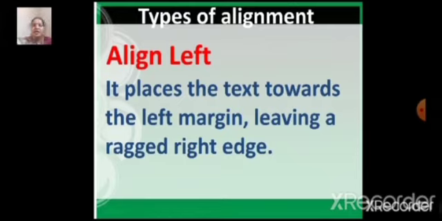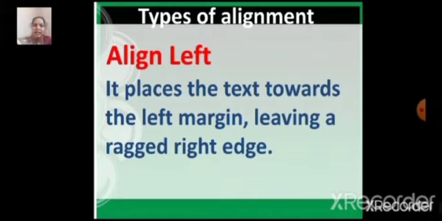First one, align left or left alignment. It places the text towards the left margin, leaving a ragged right edge. Ragged means uneven, which will not be regular in space.